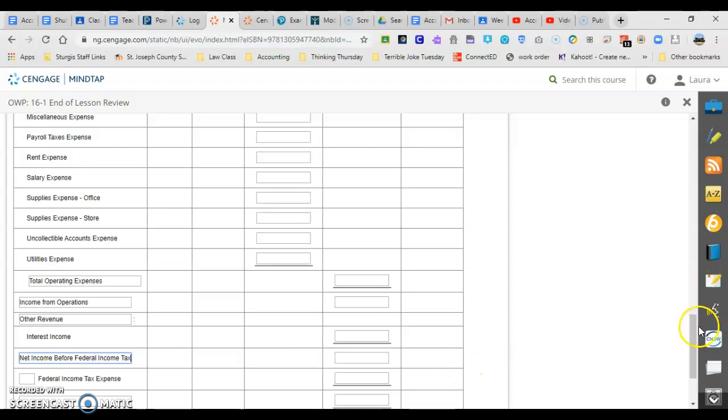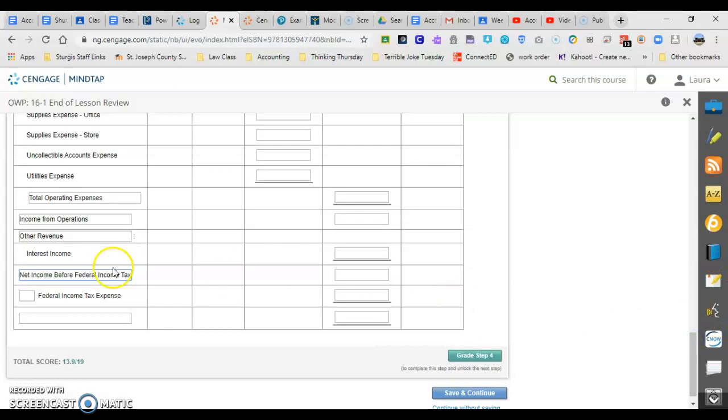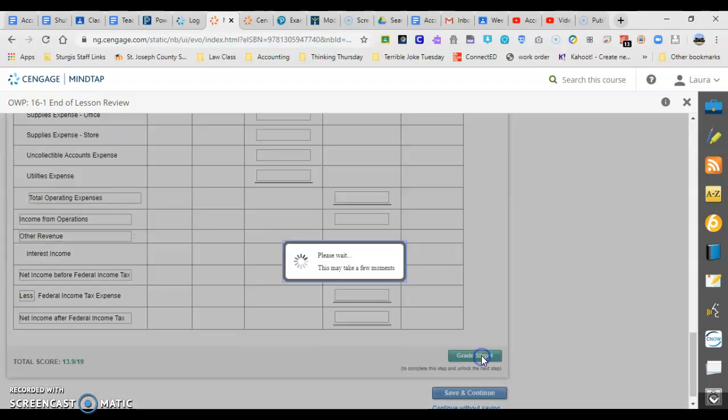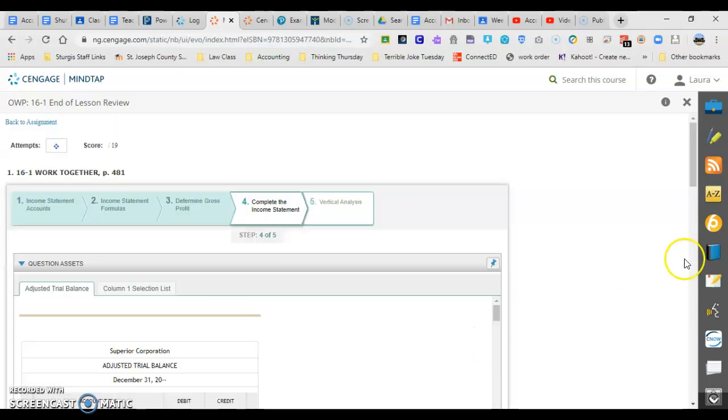Then you would less your federal income tax expense, and this would be your net income after federal income tax. Okay, so I'm going to grade this and I'll show you what it looks like.